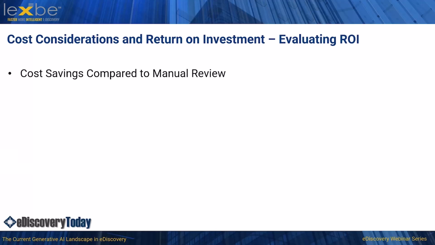So anytime you can reduce document review hours, that can be a significant savings that, depending on the cost of the technology, could certainly make a big difference. So it's important to compare the AI-assisted review costs versus the human-only review costs to really get a sense of what that's going to be.